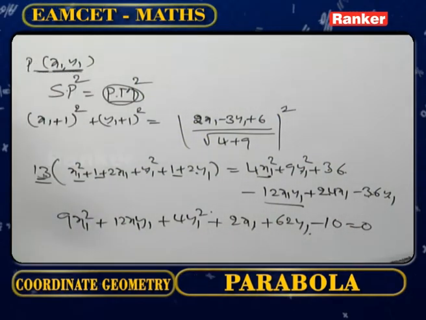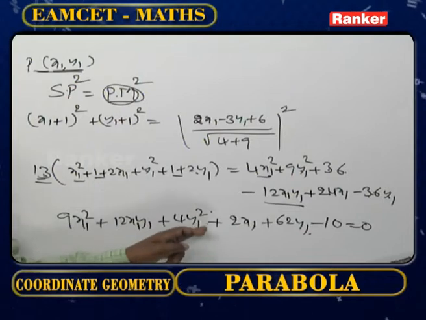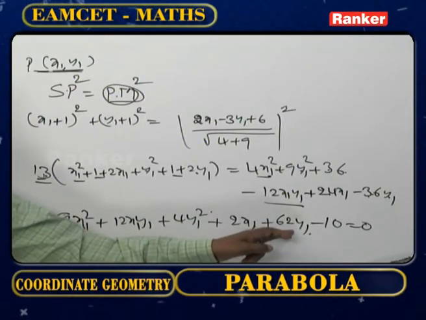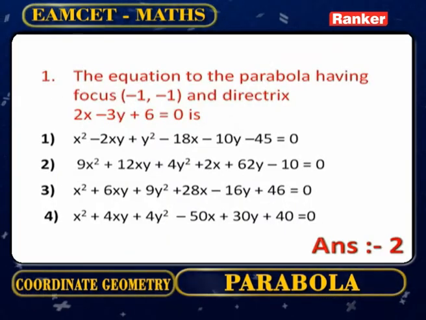Then the locus of (x1, y1) is 9x² + 12xy + 4y² + 2x + 62y - 10 = 0. So the second option is correct.